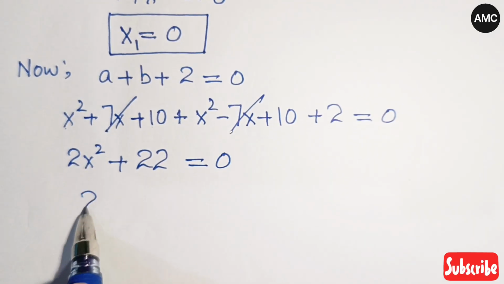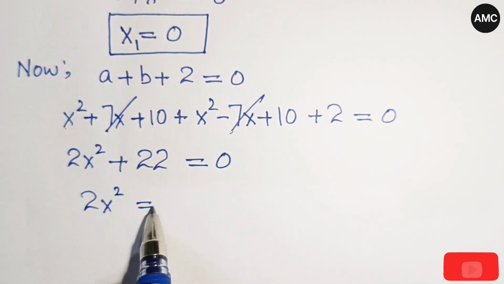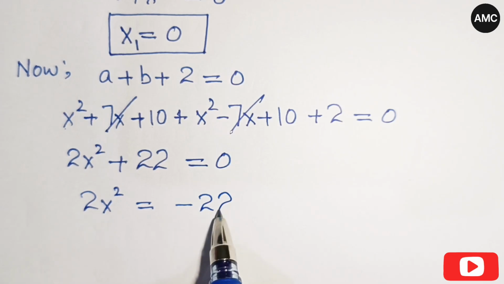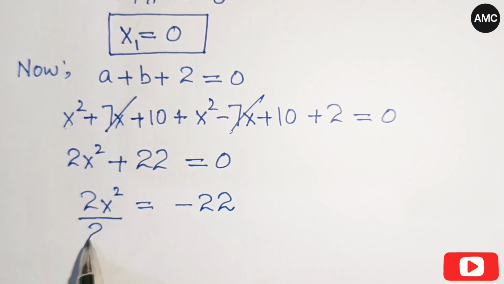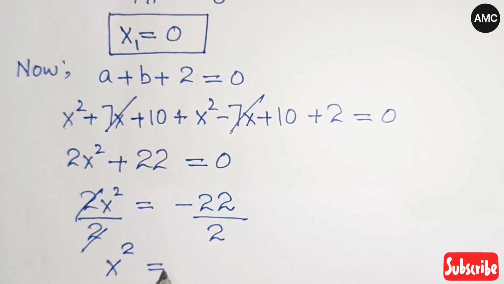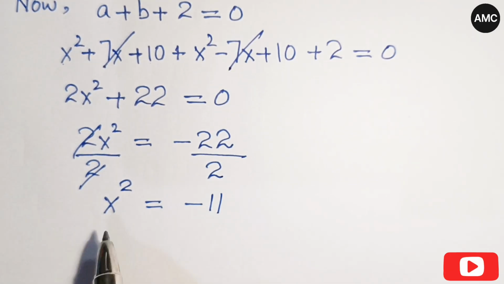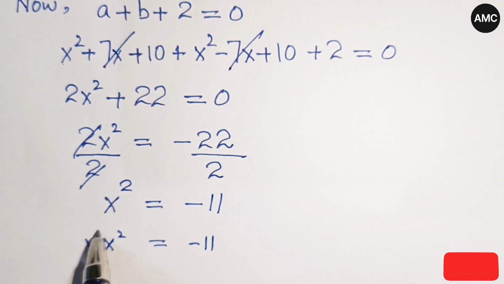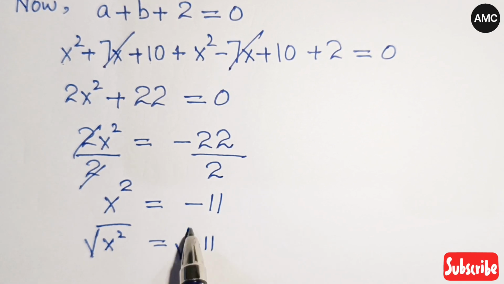Now 2x squared, shifting 22 to our right hand side, we get minus 22. Now dividing by 2 on both sides, we have x squared is equal to minus 11. So if we take the square root on both sides, then the square is cancelled with the square root.